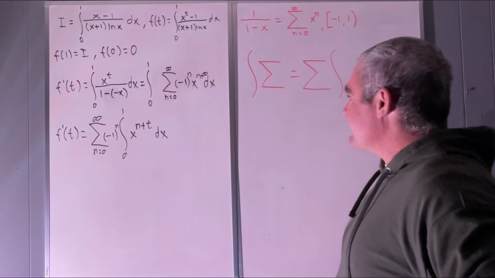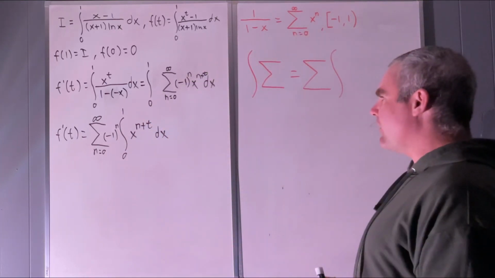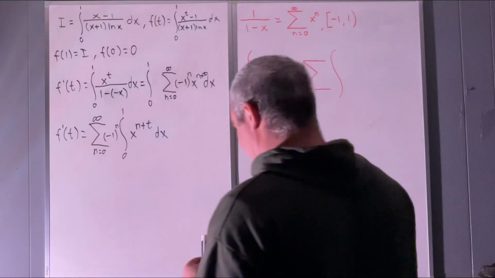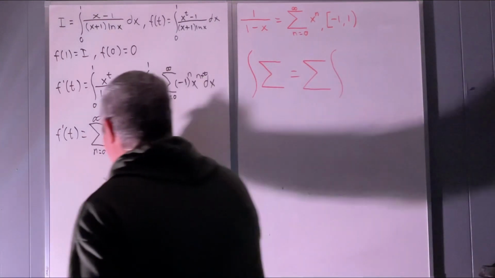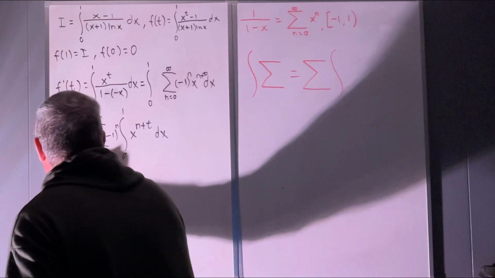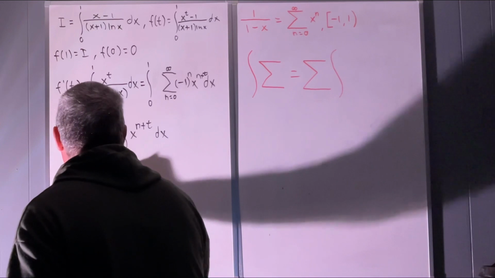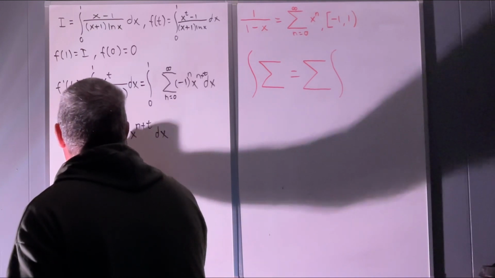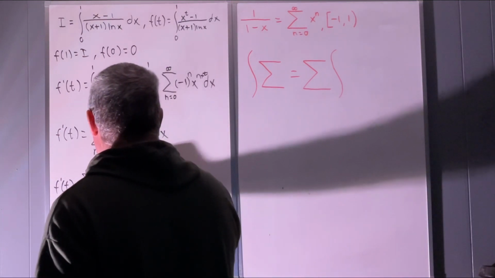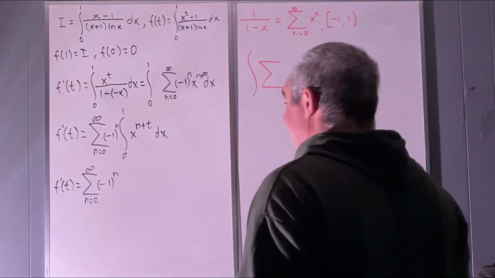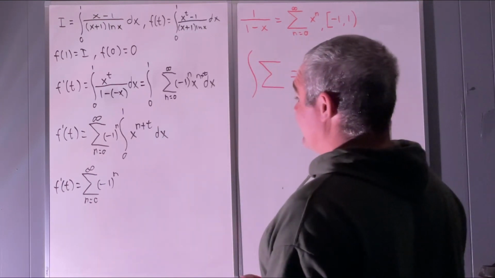Okay, next step, we are going to evaluate this integral right there. So f prime of t would be equal to the sum from n equals 0 to infinity. Still have the negative 1 to the n. And let's just go ahead and evaluate that integral.